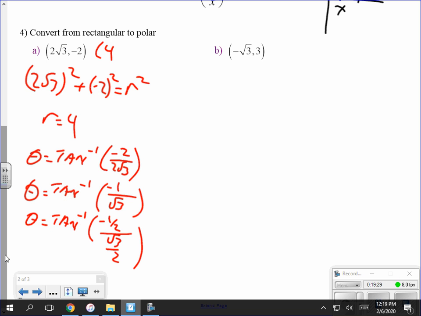And the -1/2 and the root 3 over 2 are points on our unit circle that work for a particular value of theta for x and y, for the sine and the cosine. Remember, tangent is sine over cosine. Sine of an angle, cosine of an angle, that helps us visualize where we're at. When you end up doing this, theta ends up being 11 pi over 6.